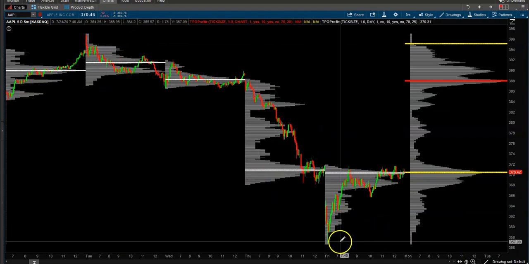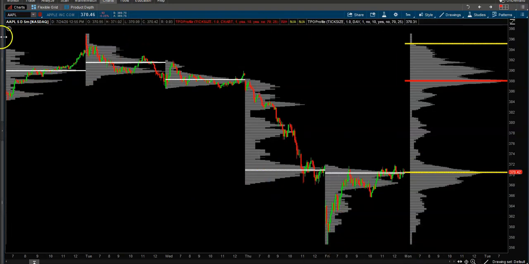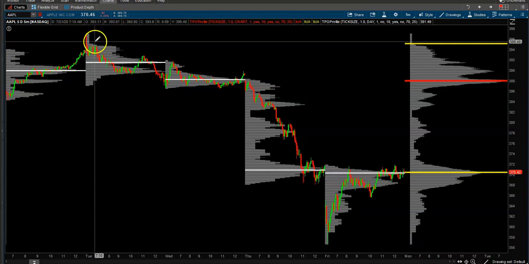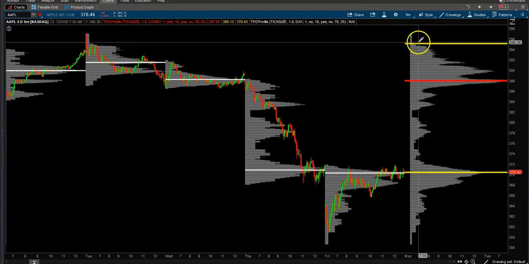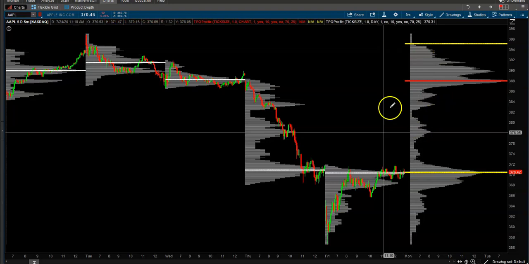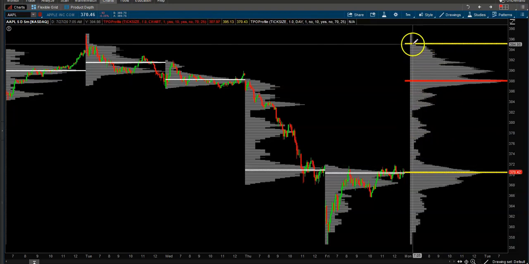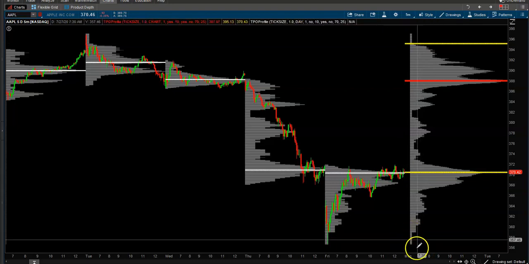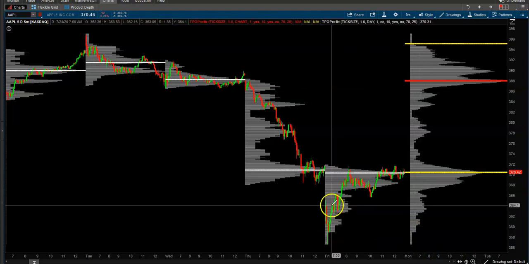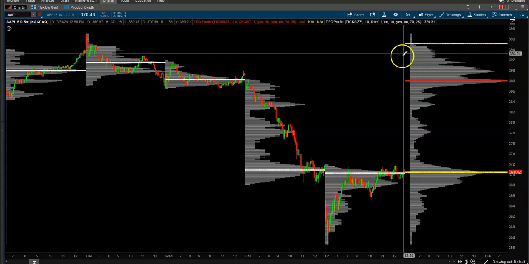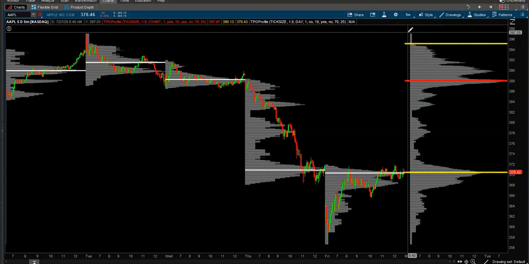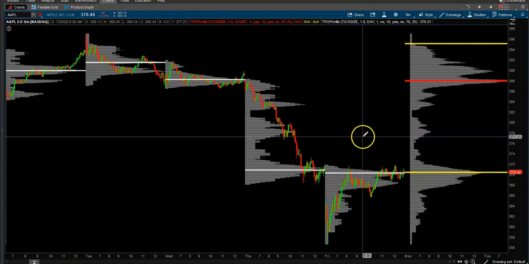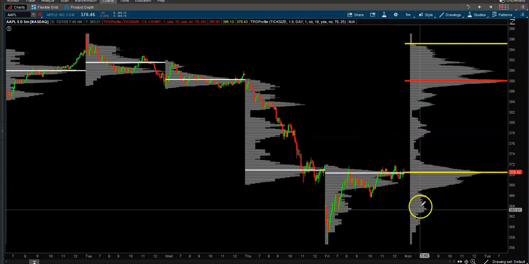We could see the low was here, the high was right here. This is actually, believe it or not, a very balanced market profile, because we have excess up above and excess down below, meaning the auction is over on the downside and over on the upside. Not saying which way the market's going, but we did overshoot to the downside.